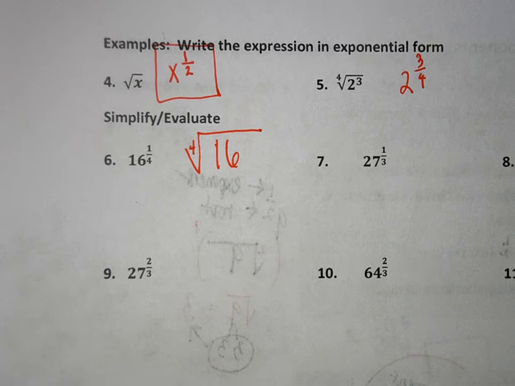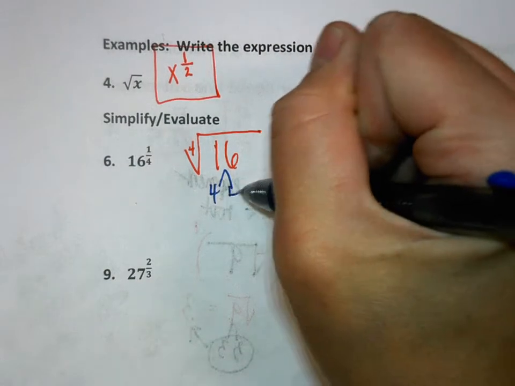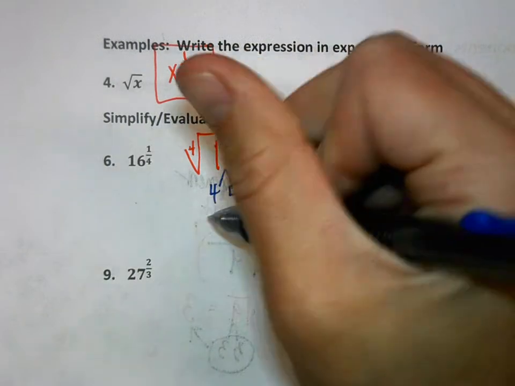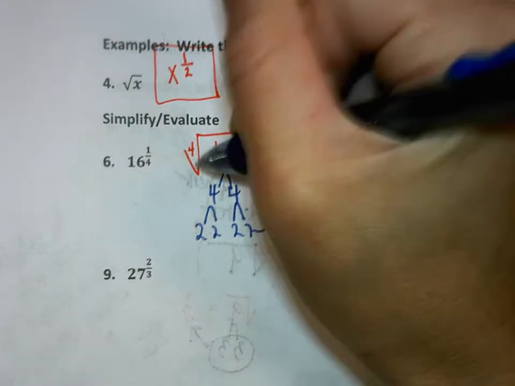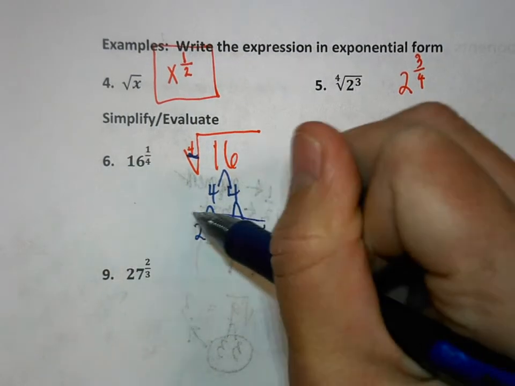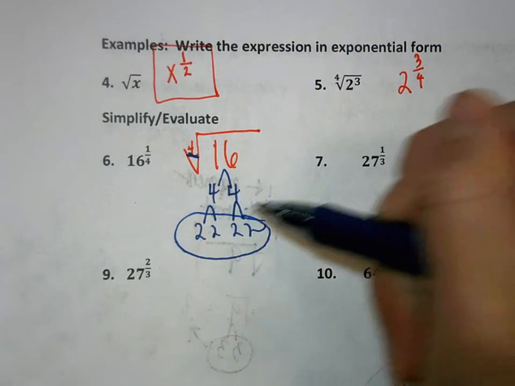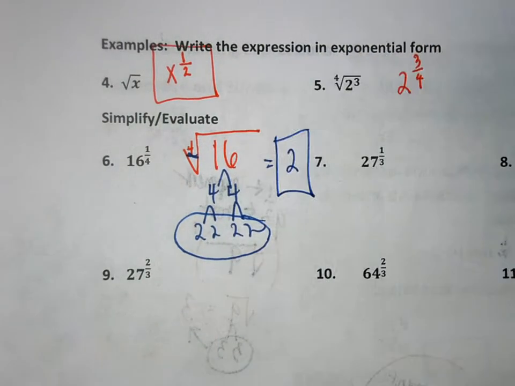What numbers does 16 break down to? Should be writing 4 times 4 makes 16. Each of my 4s can break down to 2 and 2. And so we notice that we have to have 4 for a group, and right now I have exactly 4 2s, so I have one group of 2s, which means that my answer is just 2.